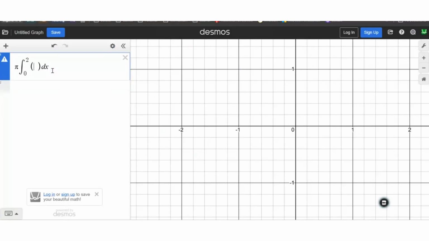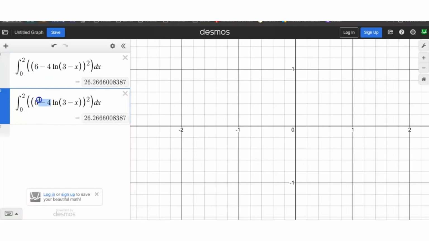All right, so we don't need the pi anymore because it's cross sections. Yes. Now, just to prove it to you guys as well, I want you to see that it doesn't matter, right?